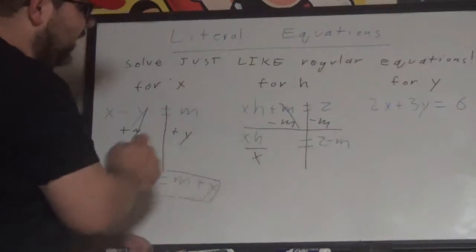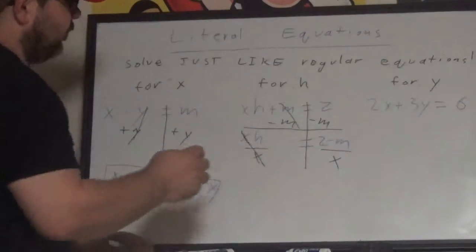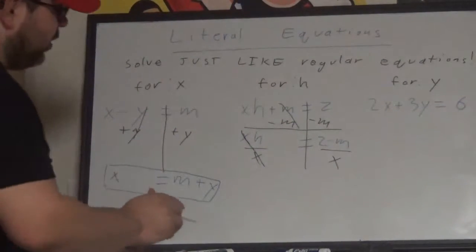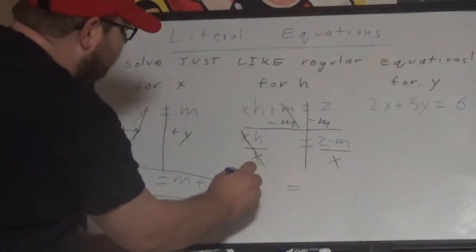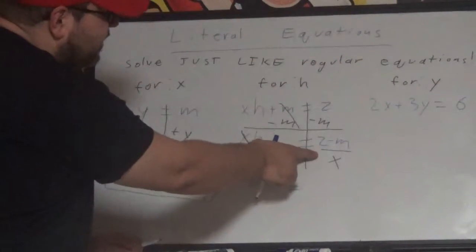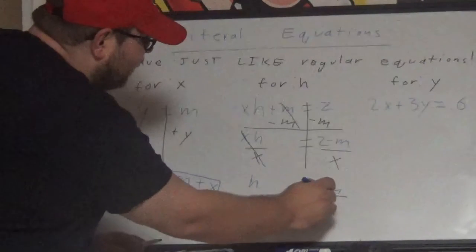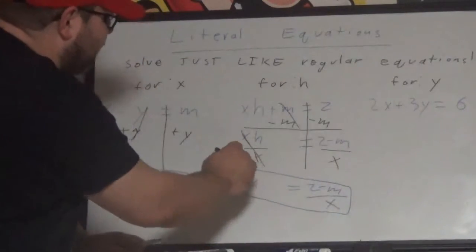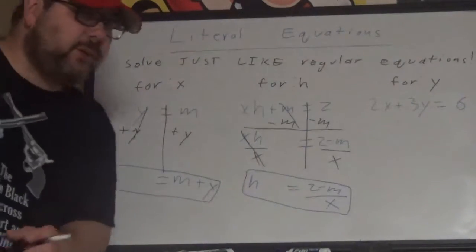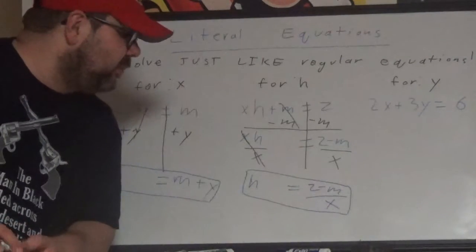So divide each side by x, and we have h equals, this is our answer, z minus m divided by x. Because there's nothing else we can do to that equation. That equation is done. Simplified.